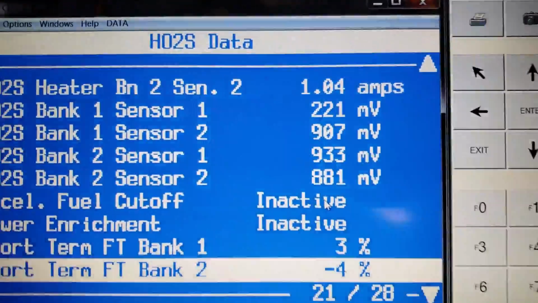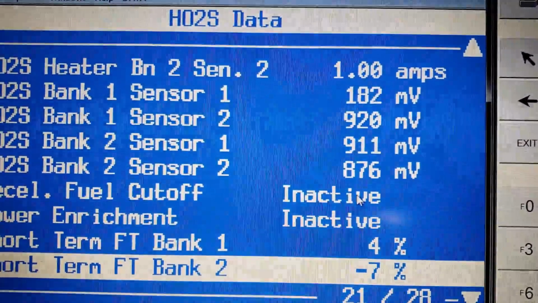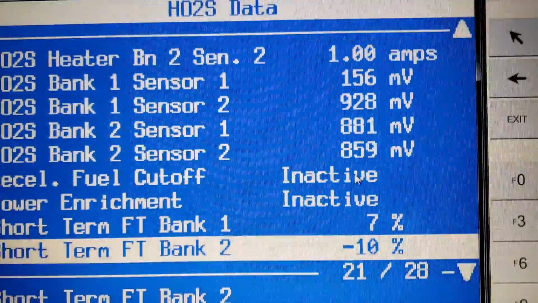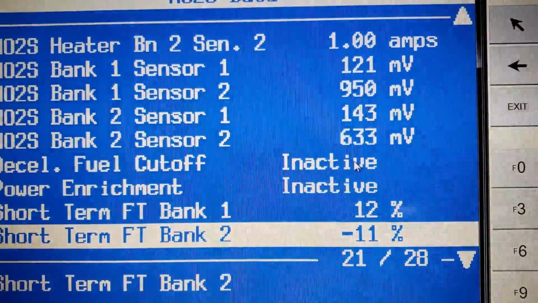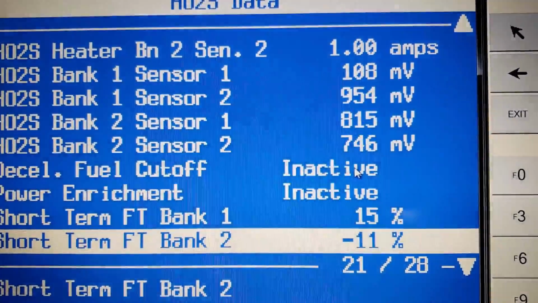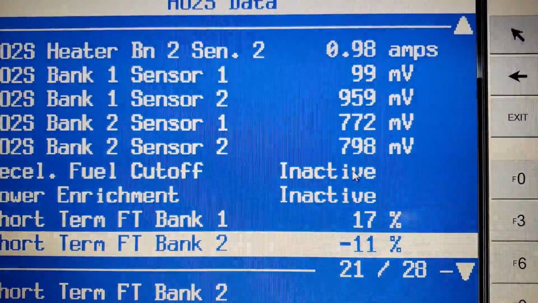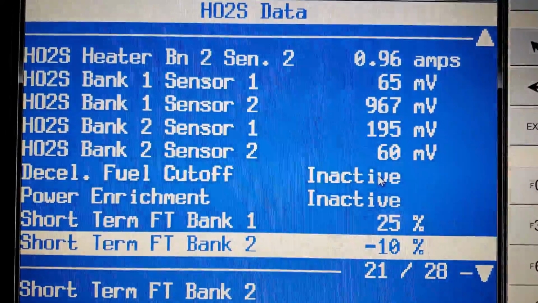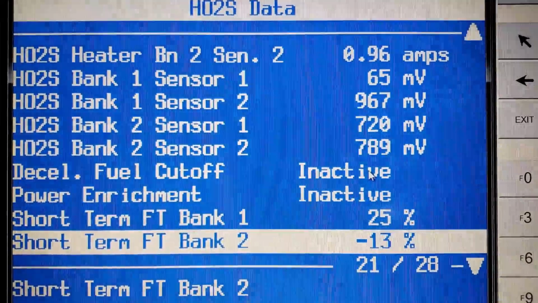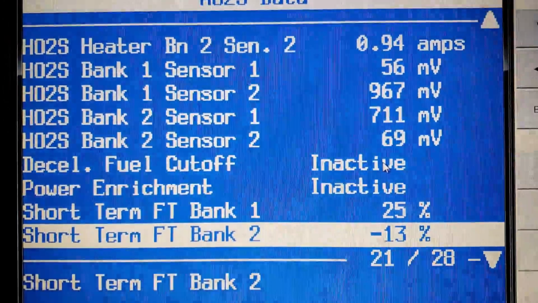O2 sensors are pretty much coming online now. We can see our short-term fuel trim is starting to climb. And bank 1 sensor 1 is starting to drop into an extreme lean condition. Bank 2 sensor 1 is ranging normally.